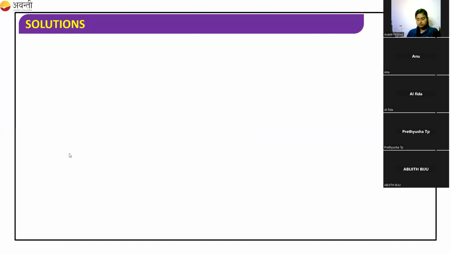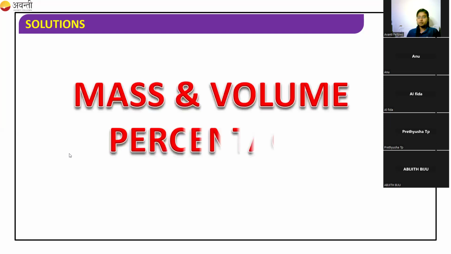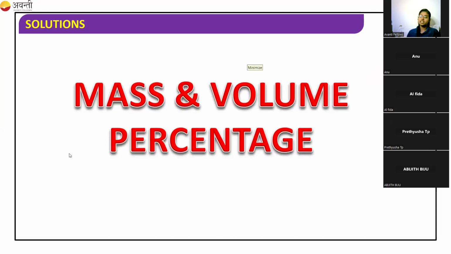Shall I proceed with the next slide? Yes? Thank you. Now coming to the first two terms. Everything will come under quantitative only. Everything depends on the amount of the solute only.